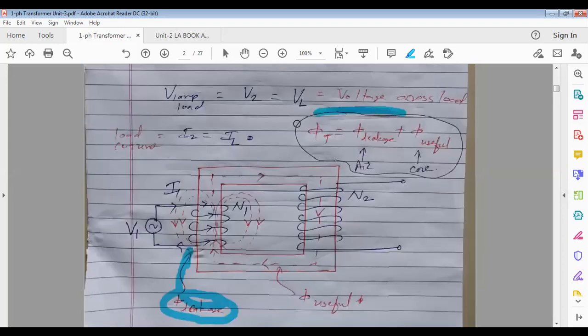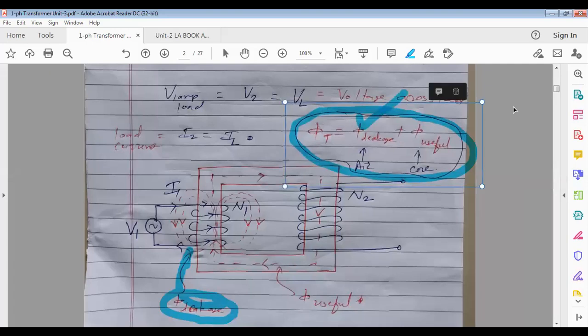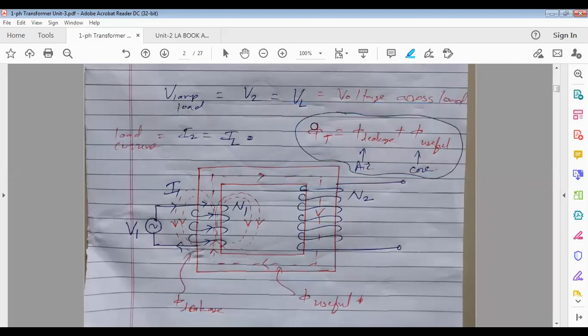So leakage flux plus useful flux is the total flux produced by the primary winding.